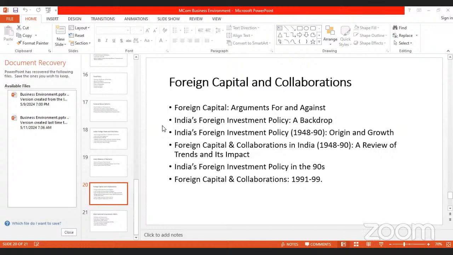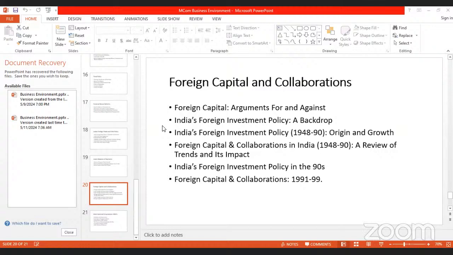Now, next, we'll discuss some arguments against foreign capital. The first one is economic dependency, that is, excessive reliance on foreign capital can make the economy vulnerable to external shocks and global market fluctuations.